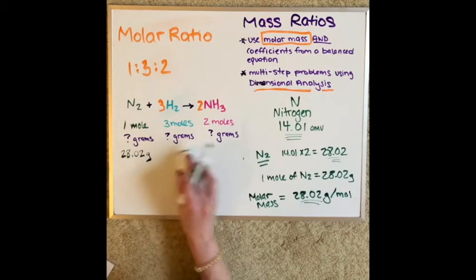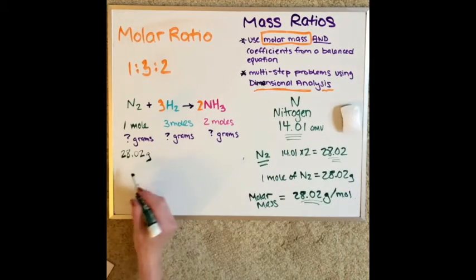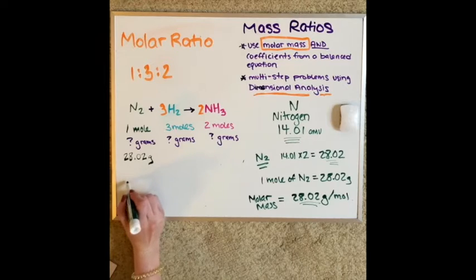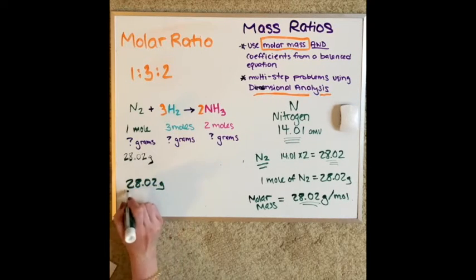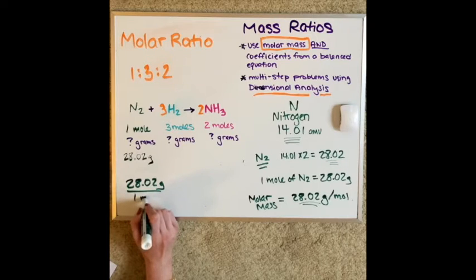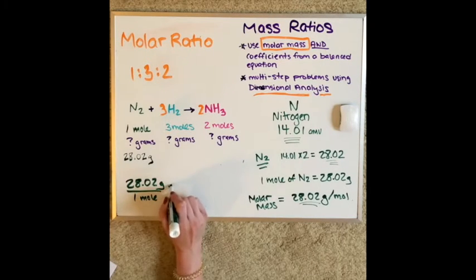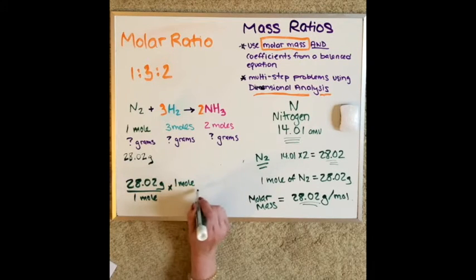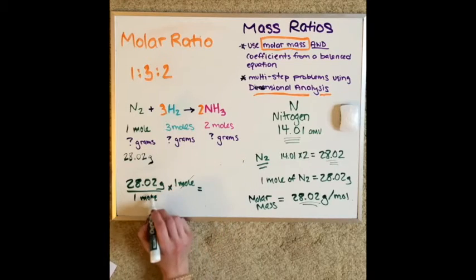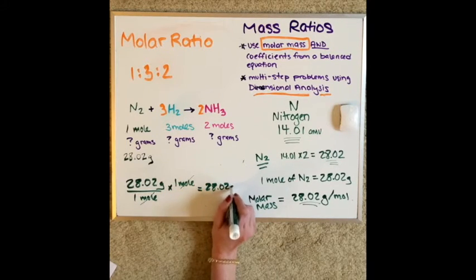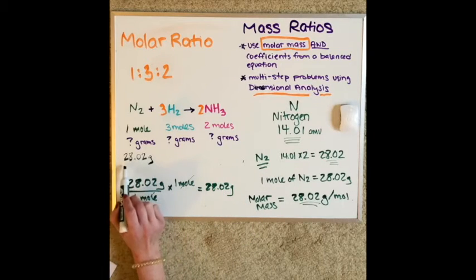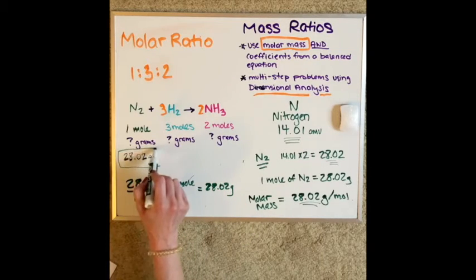So the dimensional analysis actually looks like this. 28.02 grams per every 1 mole times, well, we only want 1, equals, these things cancel out, and that's what you're left with. Okay, so that answers the first part.